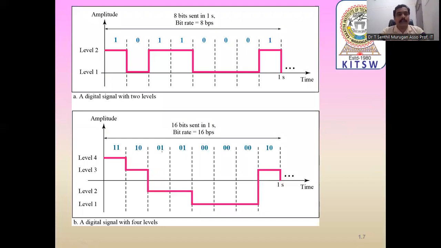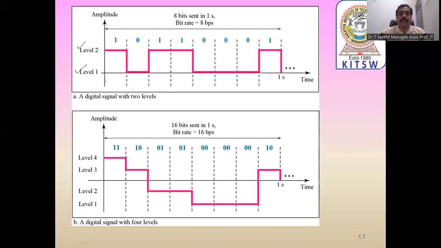See here, this is a representation. The bit is 1 or 0 only. We are representing only one bit, and for that we use two levels. 1 is positive voltage and 0 is 0 voltage. So what is the bit rate? It is how many bits we transmit per second.